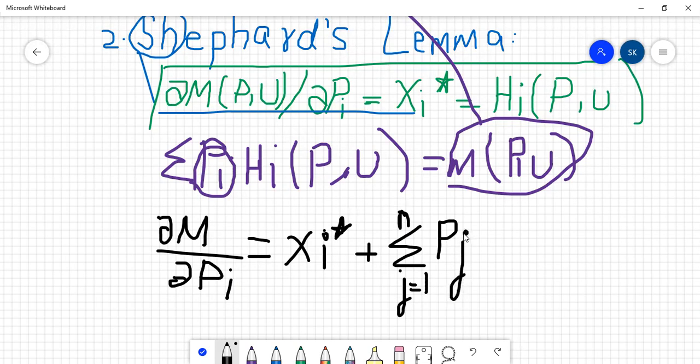This is the main derivation that is used.